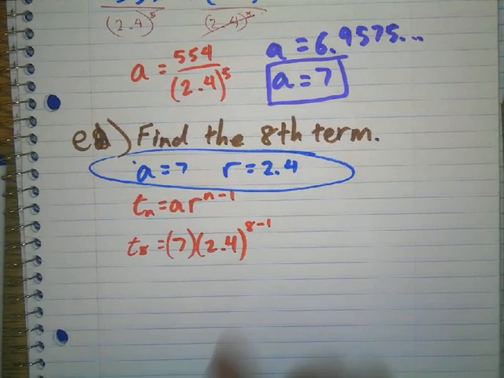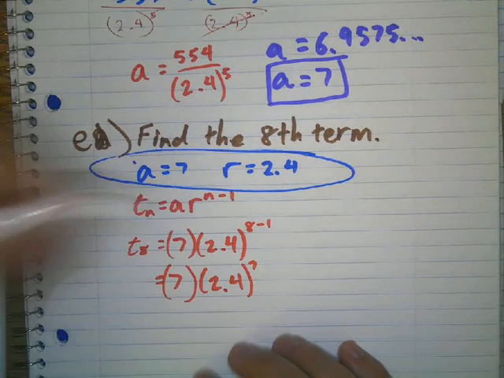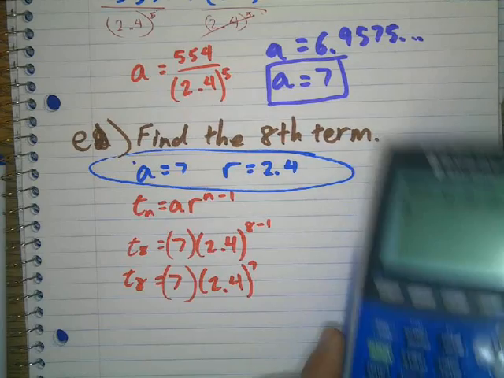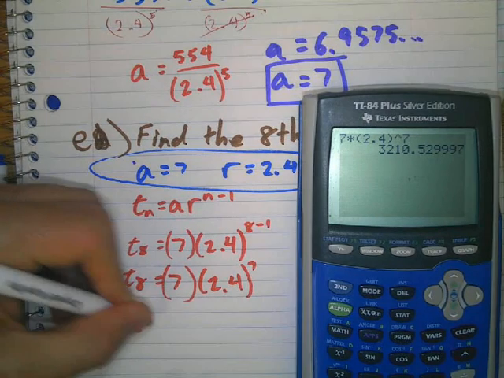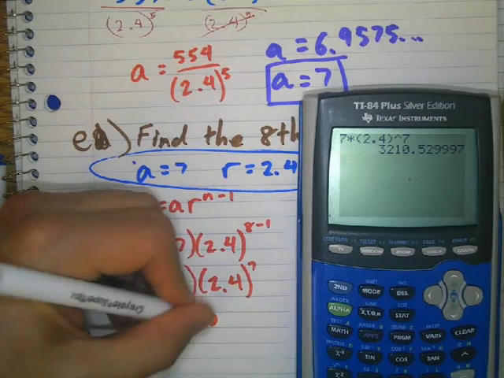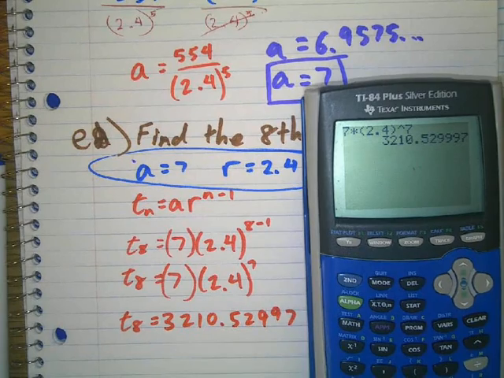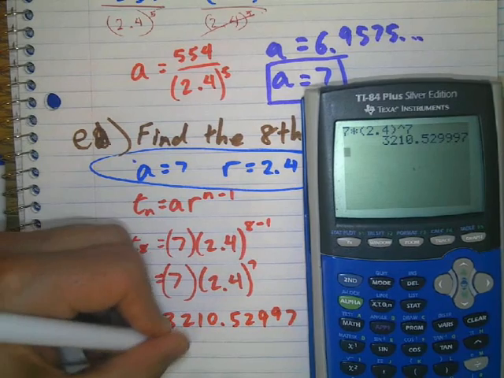So now I've got 7 times 2.4 to the 7th power. Let's put that into our calculator. 7 times parentheses 2.4 to the power of 7, and then we end up with 3210.5997, and we're going to round this to the integer. That's what they did on MathSpace, so we get 3211.